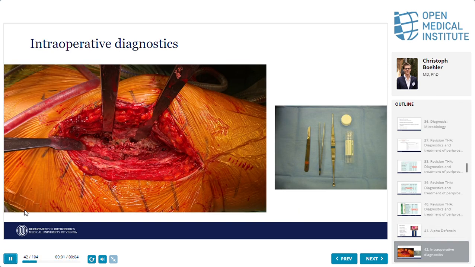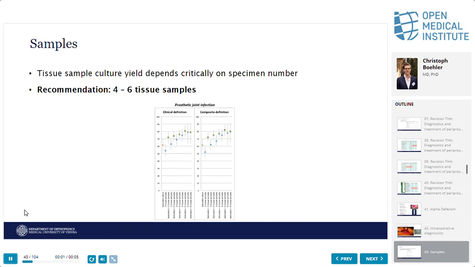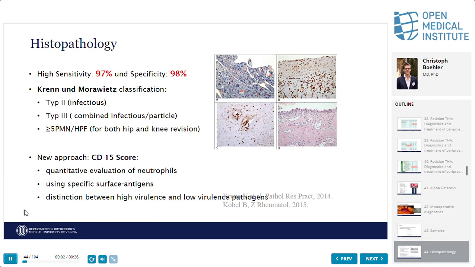Now we're going to the intraoperative diagnostics. Here it's recommended to take 4 to 6 tissue samples at least and do a histopathologic analysis and also microbiology. Here's the Krenn classification. You should be familiar with it: type 2 and type 3 are the two with infection. And now there's a new approach, the CD15 score.